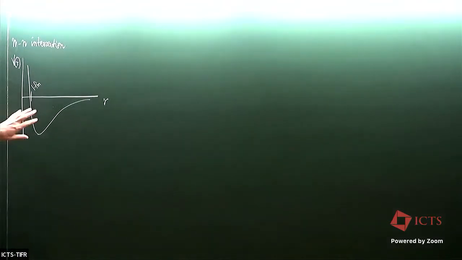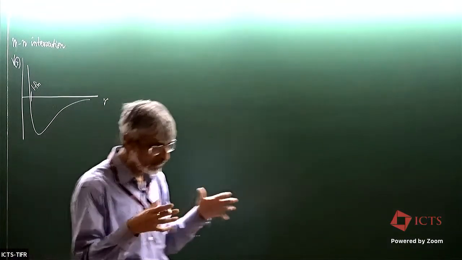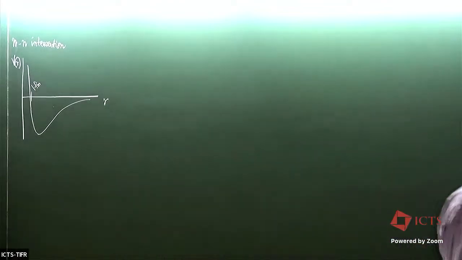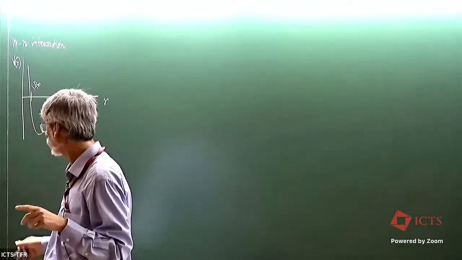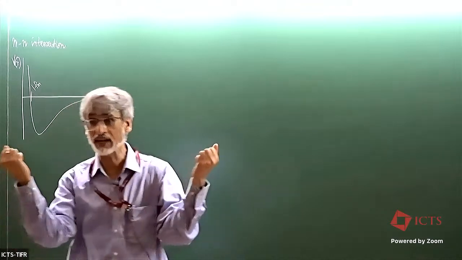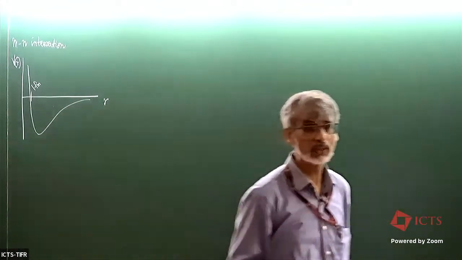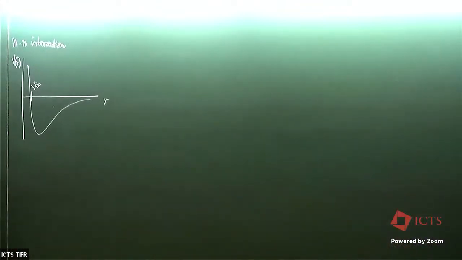So what this tells you is that if the density is a little bit lower in that region, the net pressure is going to be less than the degeneracy pressure because of the attraction between nucleons.